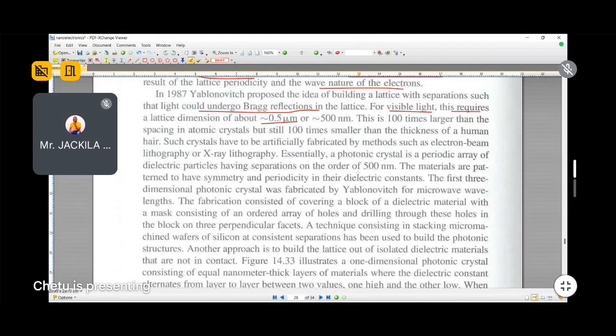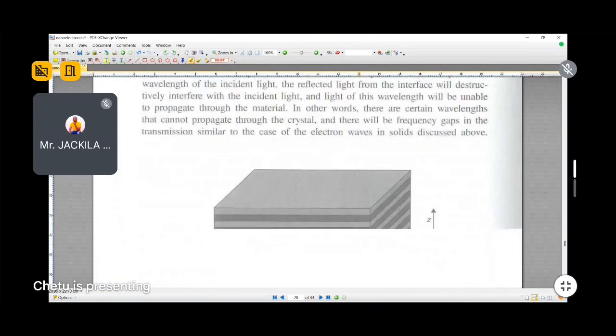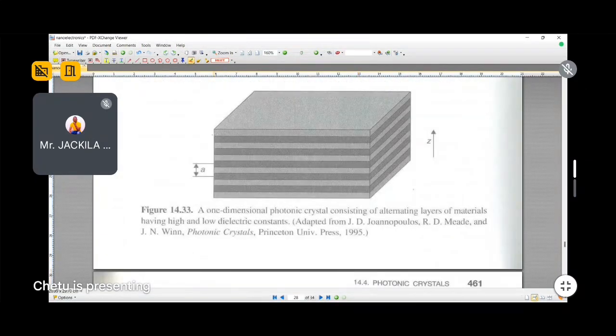By masking, a separation between the rod-like structures of 0.5 micrometer is achievable using masking techniques and lithography. What is done here is that you can see this is a material, then there is a gap here. This dark one is the gap. Then again the photonic crystal, then there is a cavity here. So this is a sort of porous multi-layer structure where you have a material with a dielectric constant, then there is air, and this is a sandwich layer.